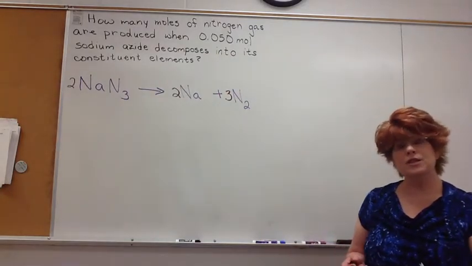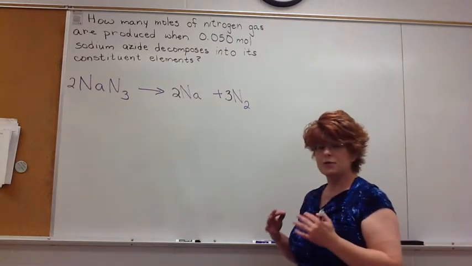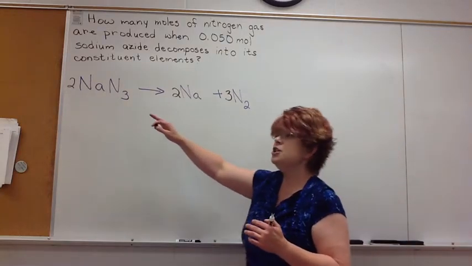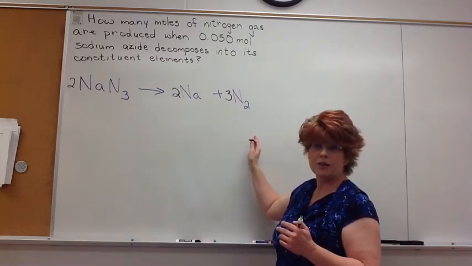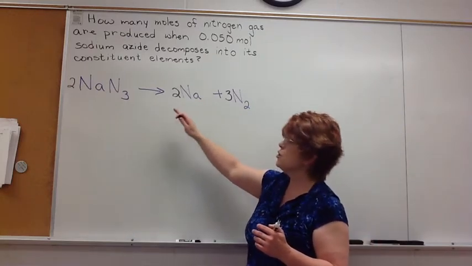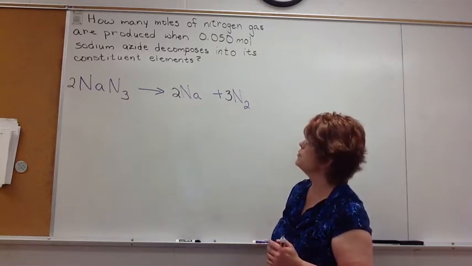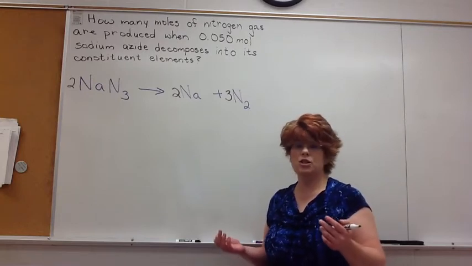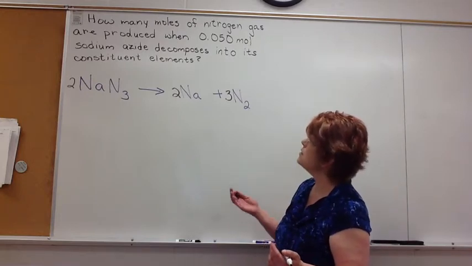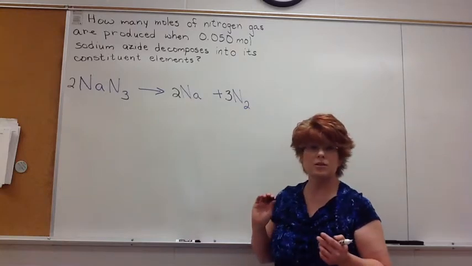And those coefficients tell us the quantitative relationship between each of these substances in this chemical reaction. So we can use those coefficients in quantitative calculations. We can use those coefficients to write mole ratios, and in this problem we're relating sodium azide and nitrogen gas.